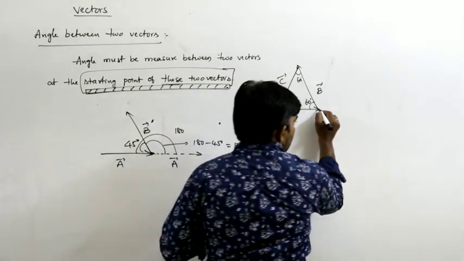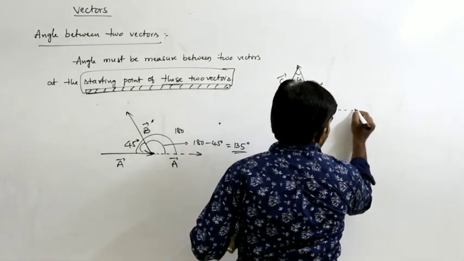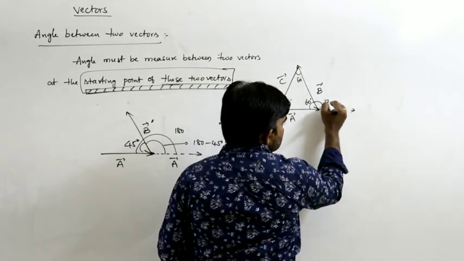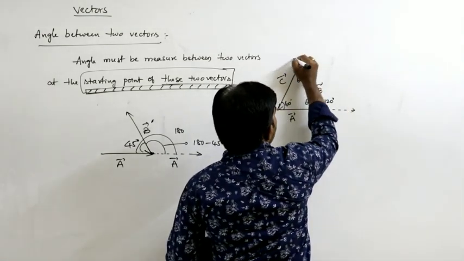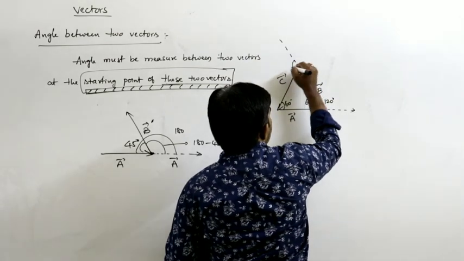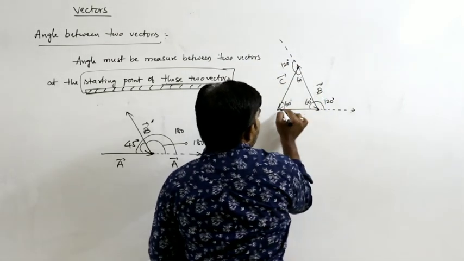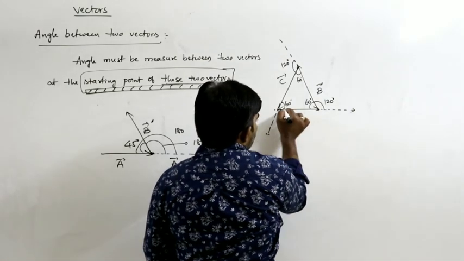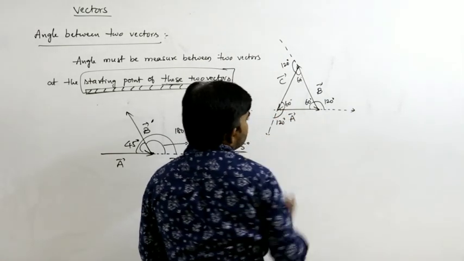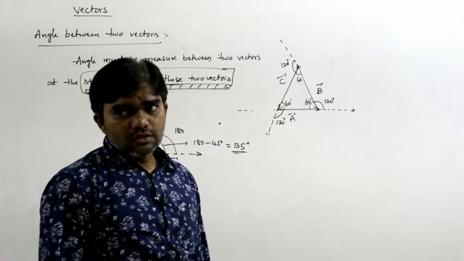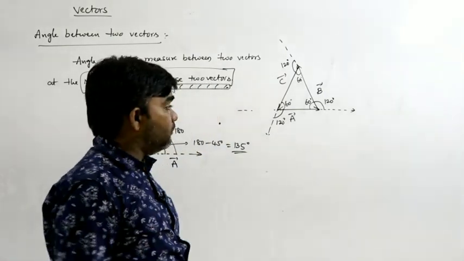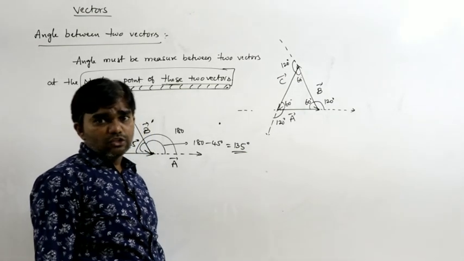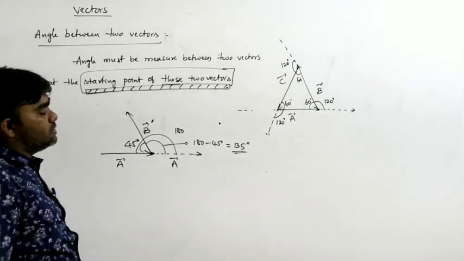So here we have to extend A bar, and this is the angle, that is 120. And here B bar can also be extended, this is 60, remaining it is 120. So the angle must be measured between two initial points only. That is the situation.